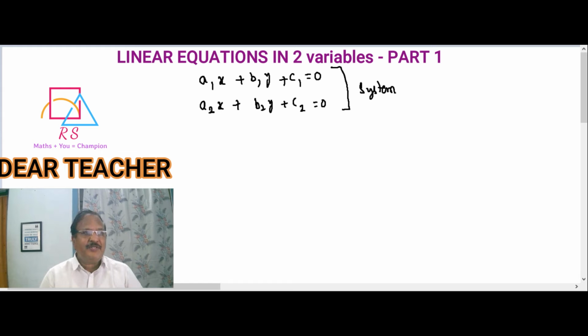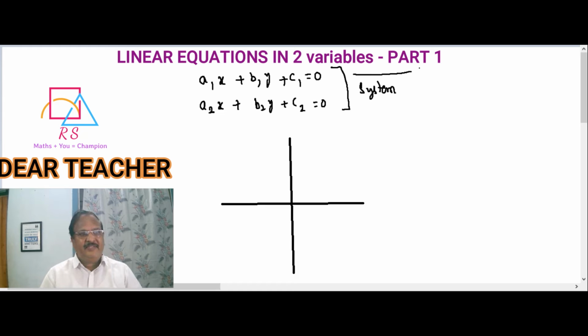So how to draw the graph of each equation you have learned in 9th class. So you have to draw the x-axis and y-axis, and you have to find out the solutions for each equation.